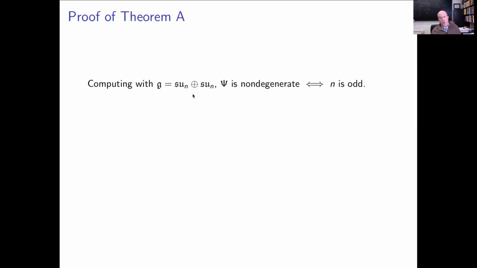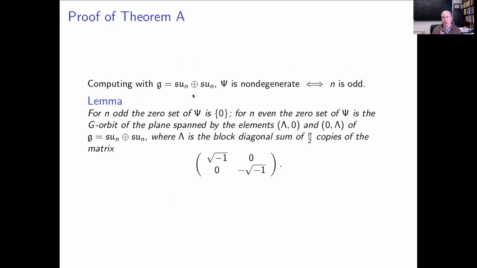So why does our theorem only work for SU(N) where n is an odd integer? Well, that comes down to the first step, showing that this map, the generator, is non-degenerate, that there are no non-trivial zeros. That turns out to only work when n is odd. This is sort of explicit computations at the Lie algebra level, so you can read it in the paper if you're really interested.